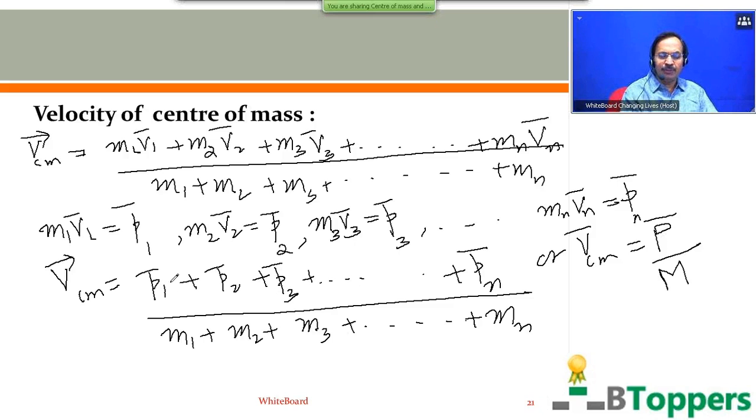That means capital P bar equals P1 bar plus P2 bar plus P3 bar up to Pn bar. Capital M represents the total mass of the system, which is equal to the sum of the masses of all the n particles.